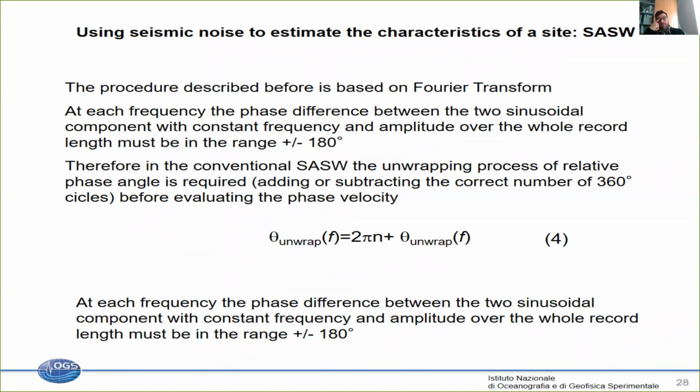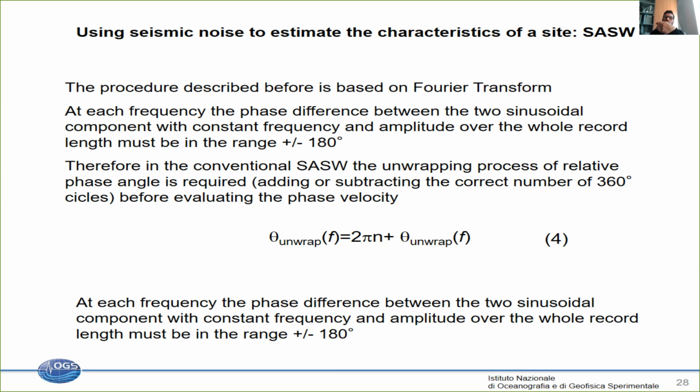So it means that in this case, if I do not correct my phase spectrum to account for the fact that my phase at different frequencies is increasing and becoming a certain number of cycles more than only this small difference that the routine is giving back to me, I could make very large errors in the velocity estimation.